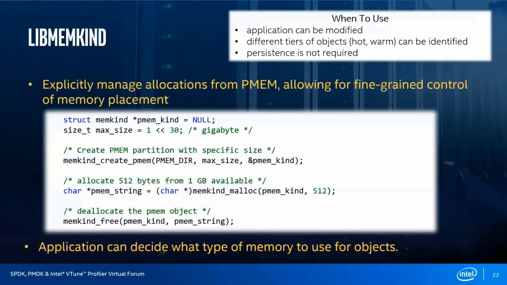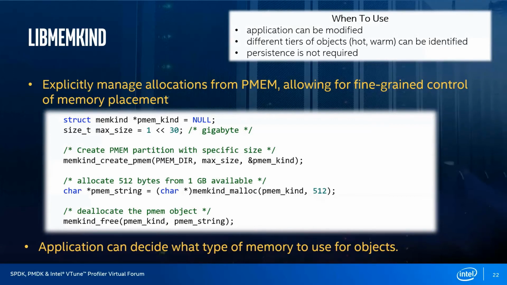Okay, so the next solution that we provide is libmemkind. With libmemkind, we use persistent memory as memory, so we do not take advantage of its persistence. What that means is that applications now have two separate tiers of memory: they have DRAM in their system and they have PMEM in their system.